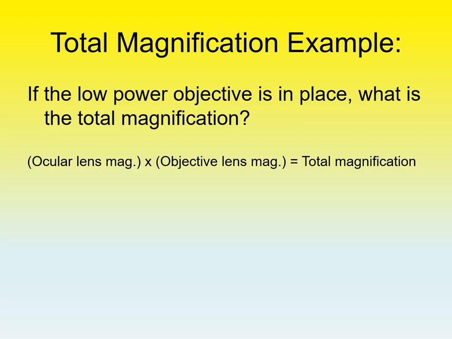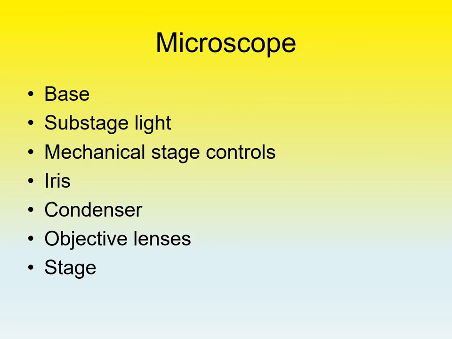As an example, if the lowest objective lens is in place, what's going to be the total magnification? Remember, you just multiply the two numbers together. If the ocular lens is 10 and the objective lens is also 10, you multiply them, so it'd be 100 times.